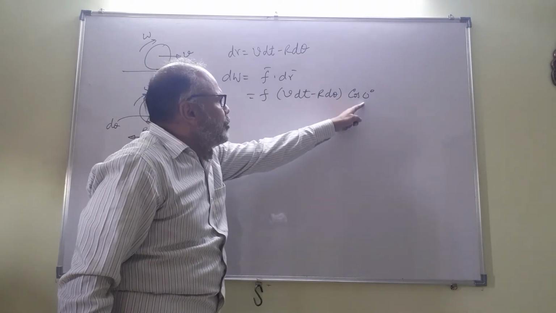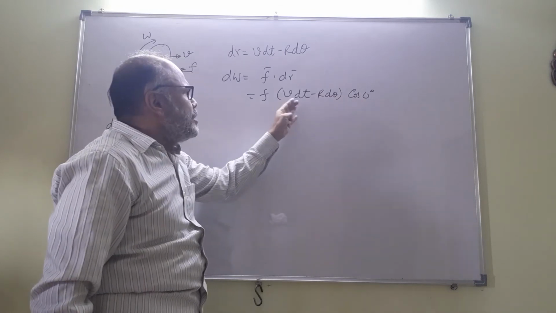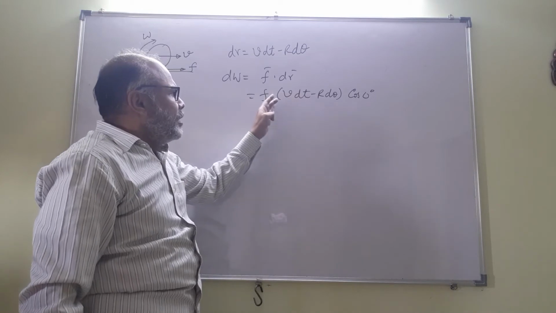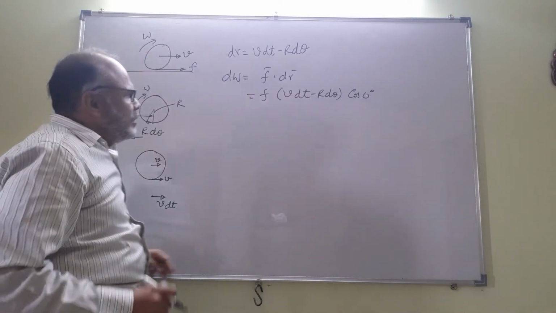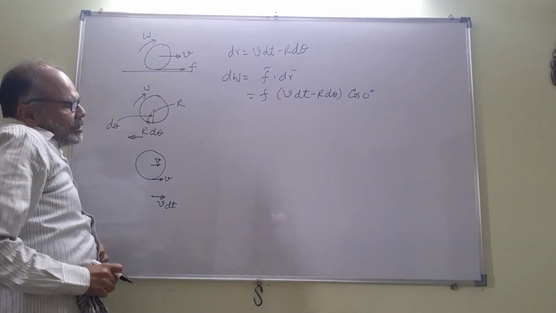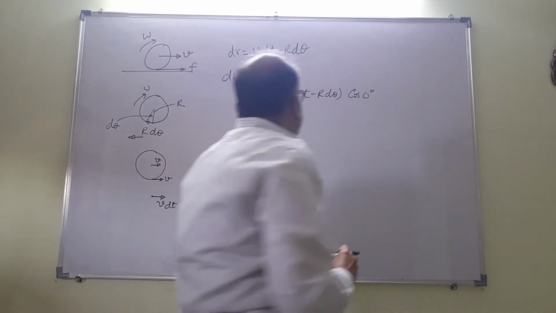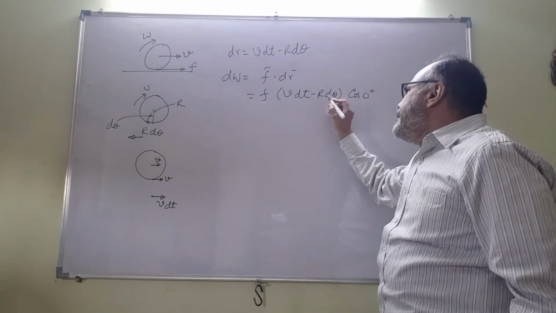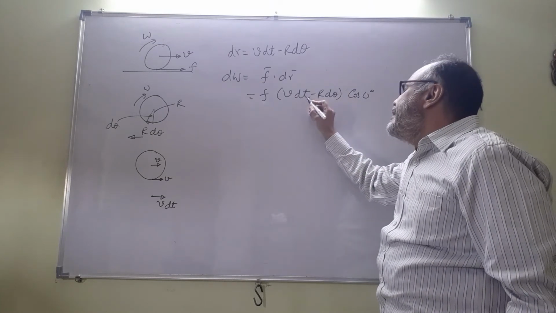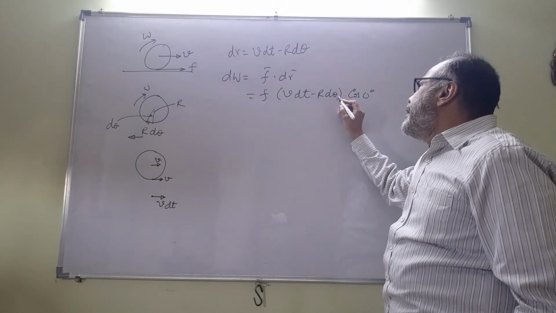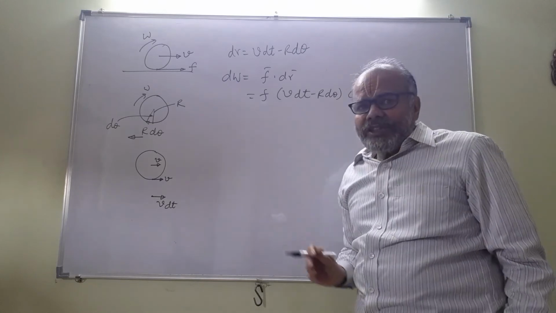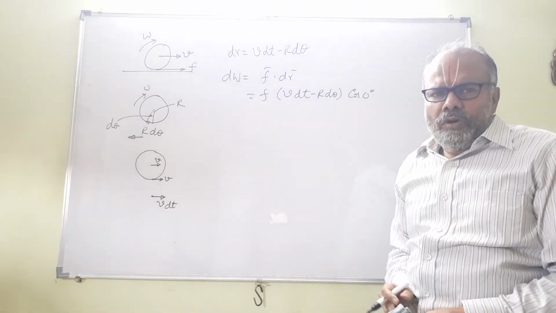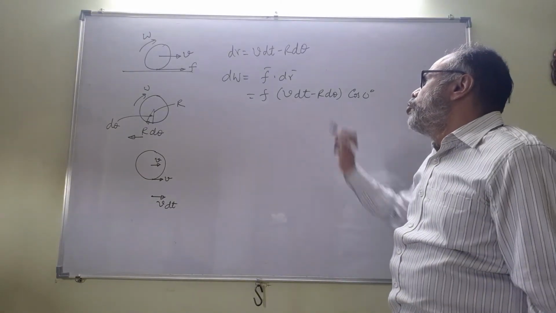Well, if it so happens that this is greater, automatically there will be a minus sign which will come in and make the work negative. This is the work, where v dt minus r d theta is the displacement of the point of application of the frictional force.